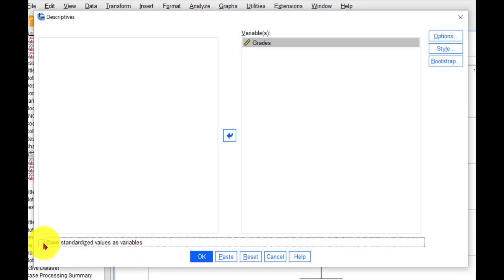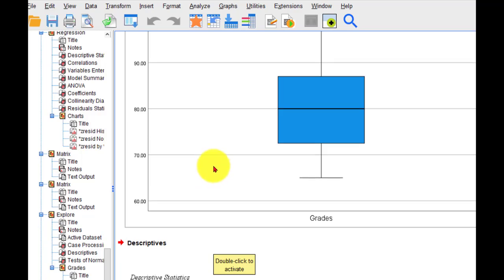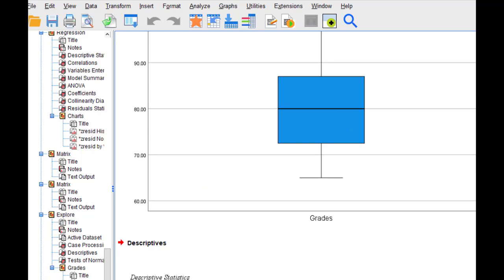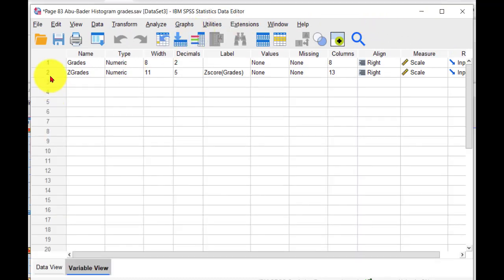What it's going to do is take every score from this grade variable and turn it into a z-score. Remember, a z-score takes each individual score, subtracts the group mean, and divides that difference by the standard deviation. So a positive z-score means it's above the mean, and a negative z-score means it's below the mean. After we do that, we go back to the output page, and it made a new variable. See, it's got the z there.